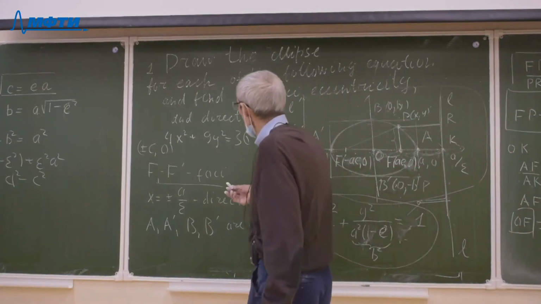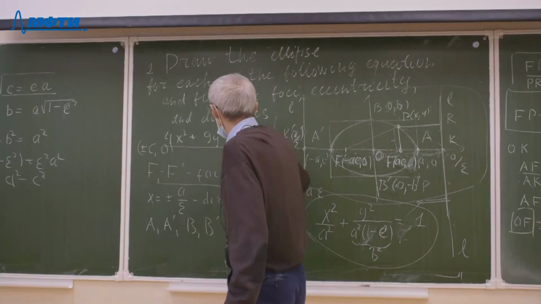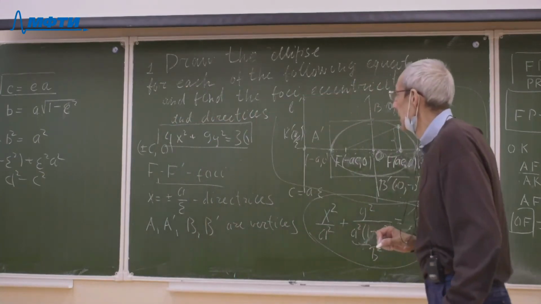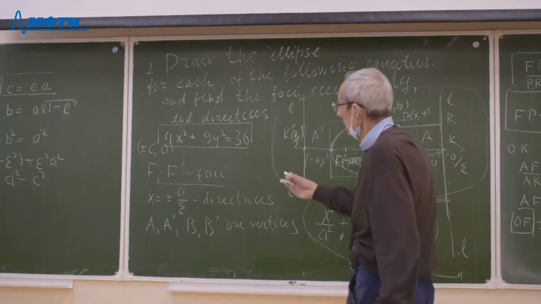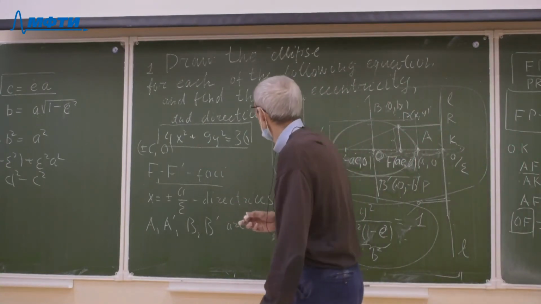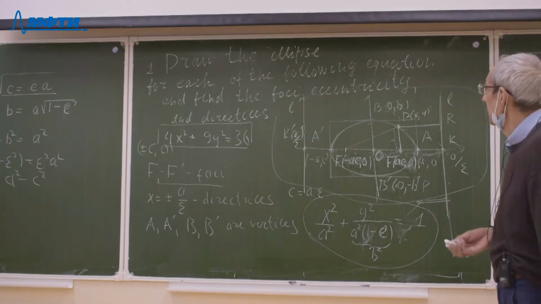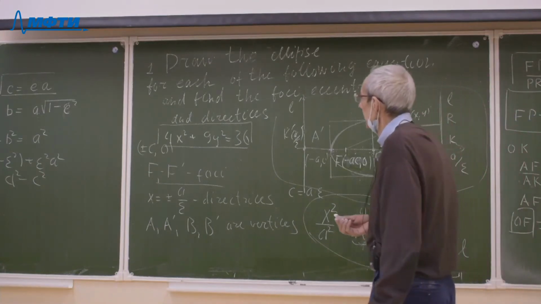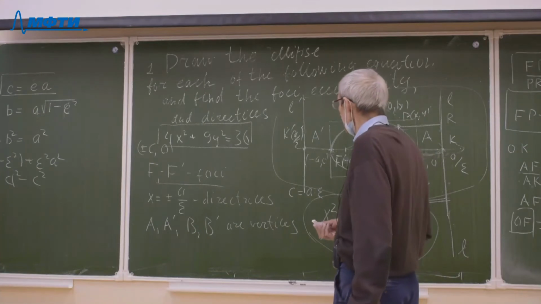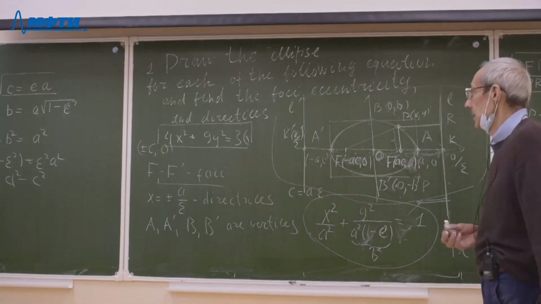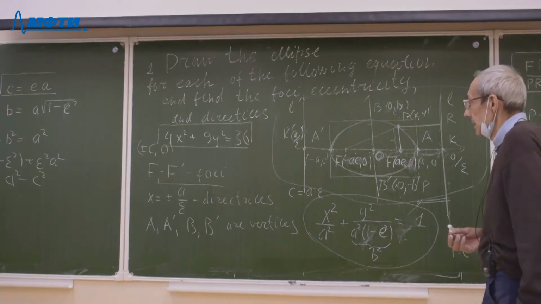First problem: let the equation of the ellipse be given, and we have the following equation. We need to calculate the parameters of the ellipse: foci, eccentricity, and directrices.